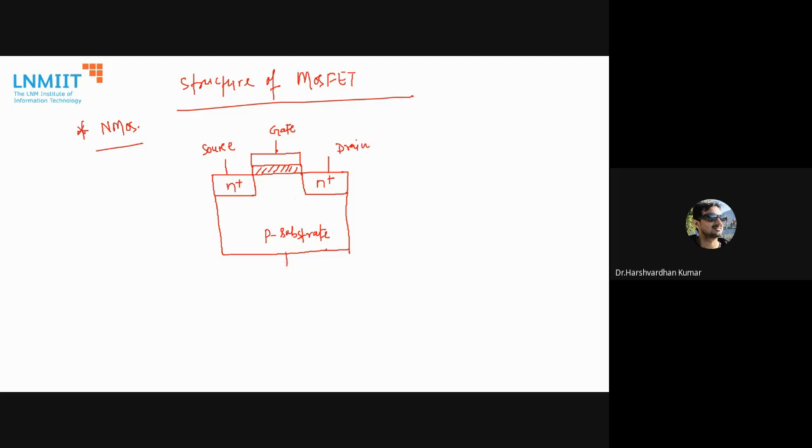And here it will be ground, or somewhere it is also written as VSS. You may ask me, what is this one? This one is known as silicon dioxide, that is SiO2, which acts as an insulator.